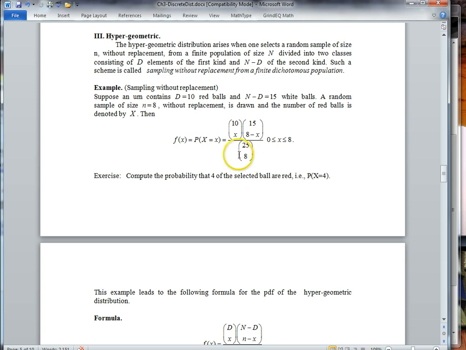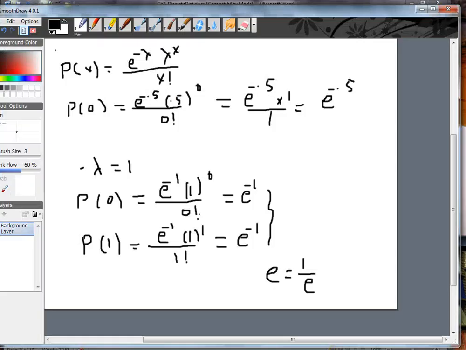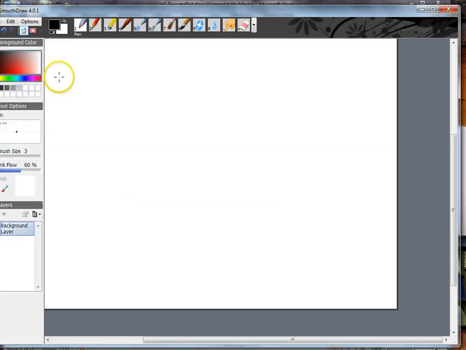Okay, so remember we have 25. Let's go to the tablet, clean it, and now I want to compute the probability of 4 red balls.